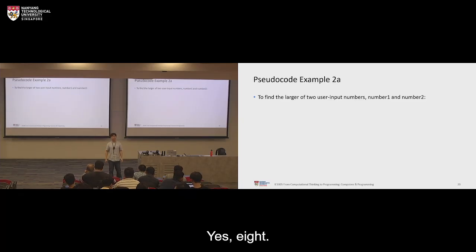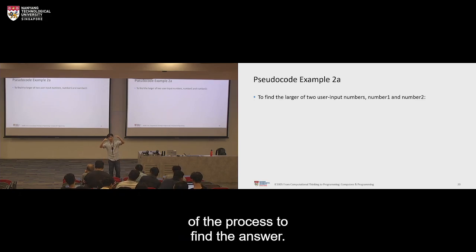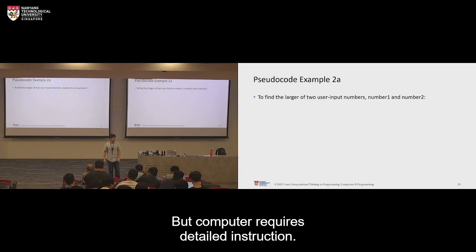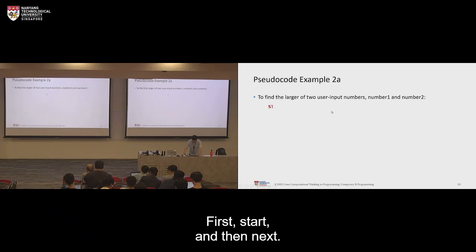Which one is larger? Yes, 8. You don't need such detailed instructions of the process to find the answer, right? But a computer requires detailed instructions, so it's going to be written in this pseudocode.